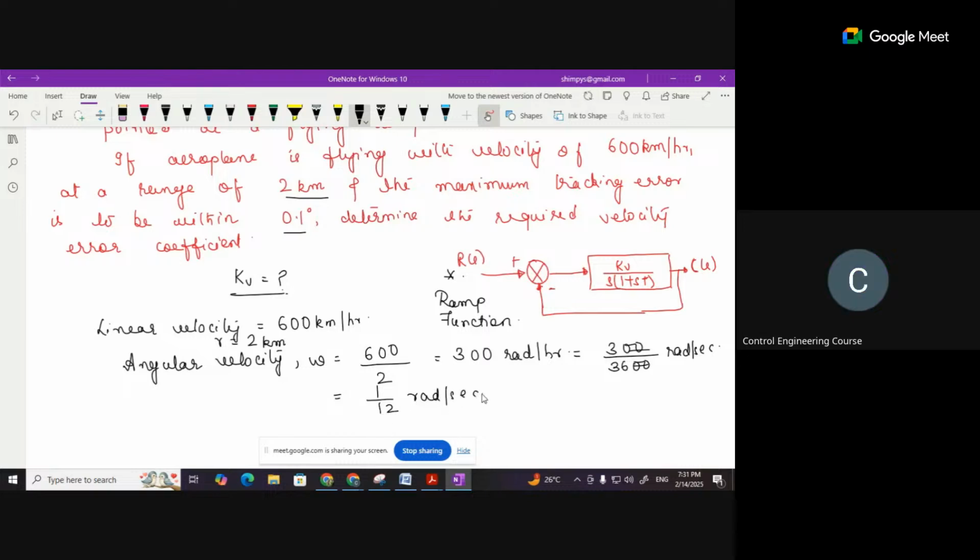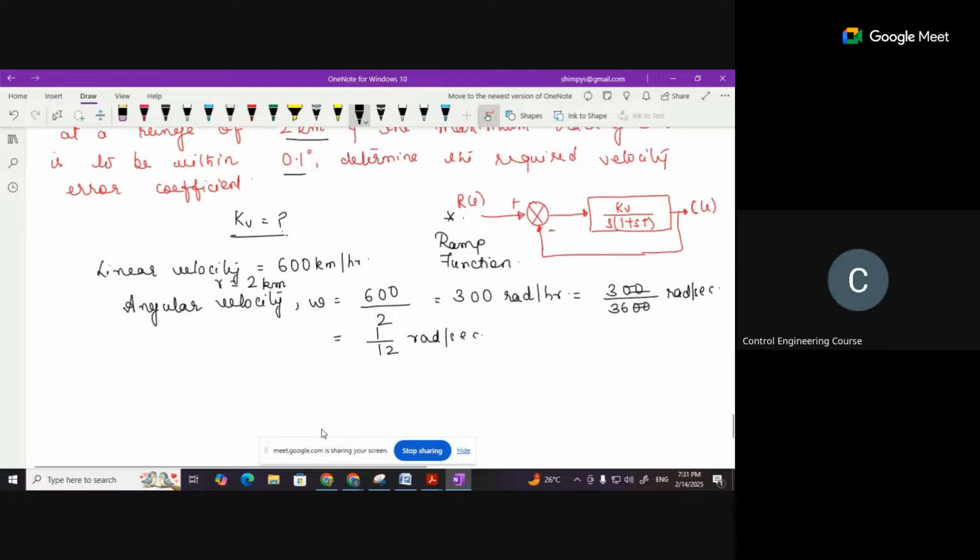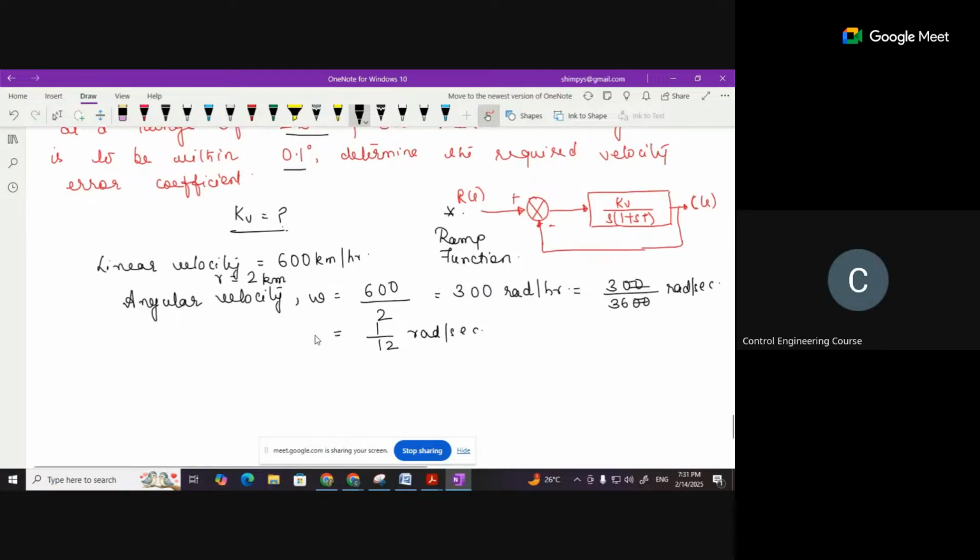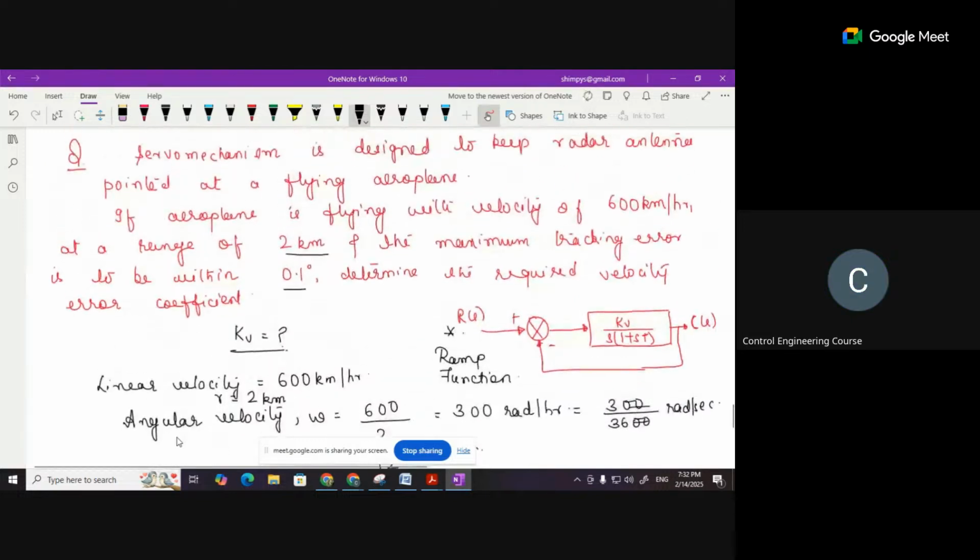Correct. Once we got this angular velocity, this will be acting as our input, R(s) will be 1 by 12 over s squared. One question here: this is the angular velocity of that flying object, is it? Correct.